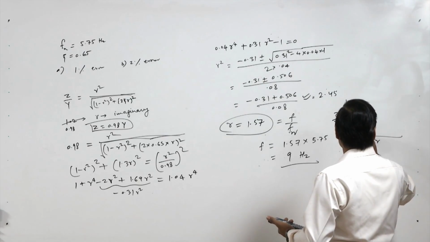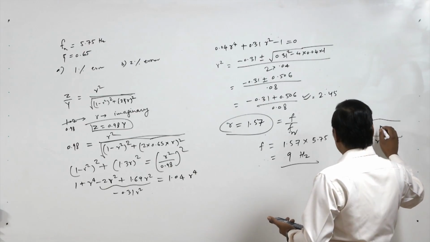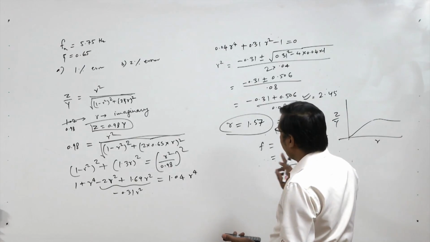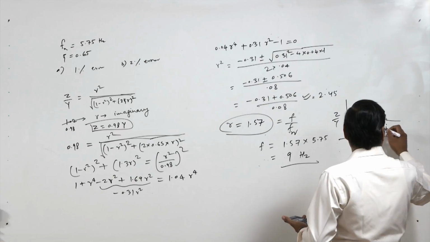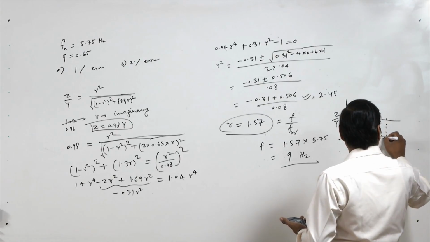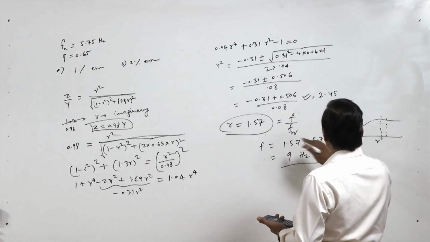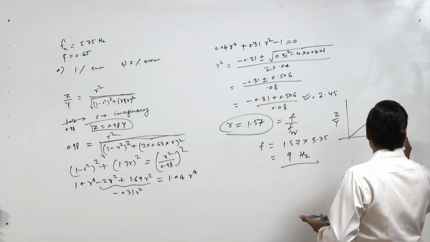So on this response curve, earlier we were at 19 hertz, and now for 2% error we can come here. So we are at R equal to 1.57. Earlier we were at 3.31.